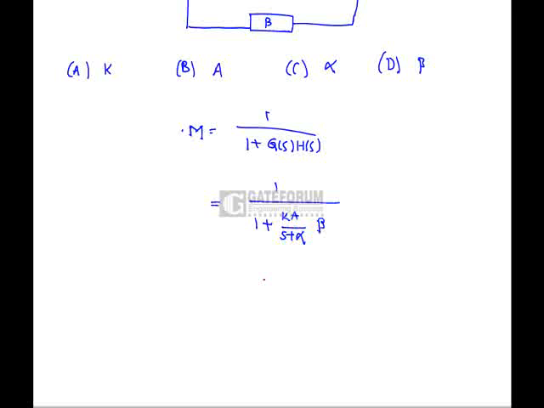H of S is beta, hence 1 by, that is, S plus alpha by S plus alpha plus K a beta. Here, if K is varied, A is varied, beta also gets multiplied into that factor, which will reduce the closed loop sensitivity. But if we increase the alpha, it is not going to affect the closed loop sensitivity, because if we increase the alpha, the numerator portion also increases, so the sensitivity is not going to be affected. Hence option C is the correct one.